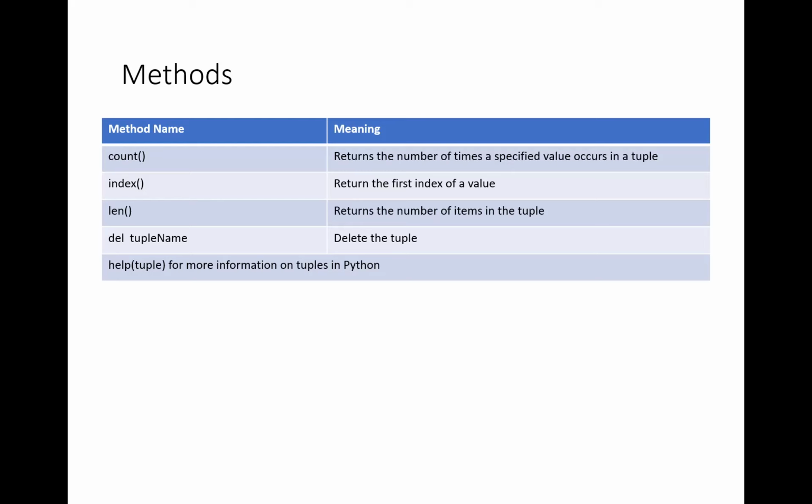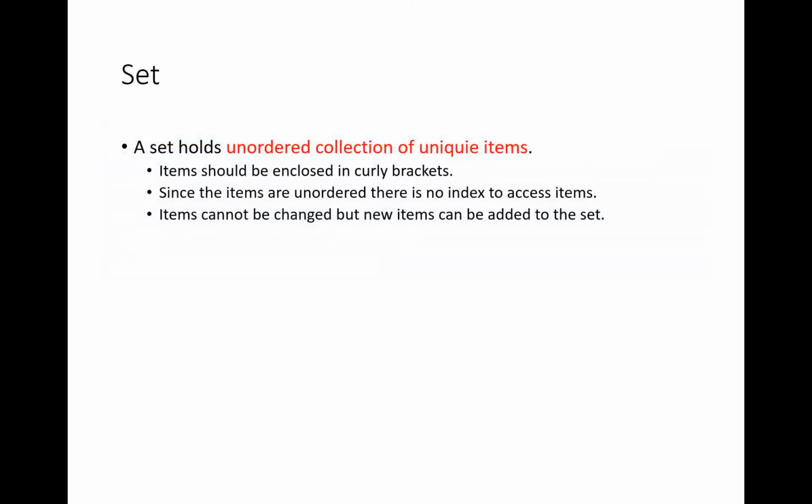Right, now I think we have discussed two, list and then tuple. Let's move to the third one. It's called sets. Now sets are different from lists and tuples, because both list and tuple are ordered collections, whereas sets are unordered collections.